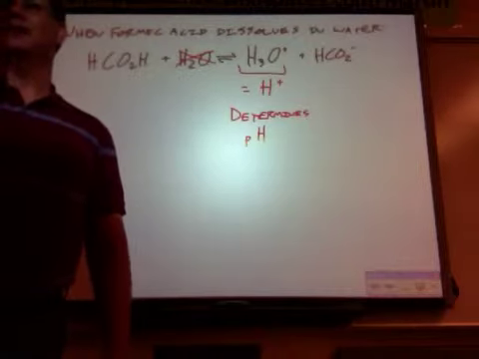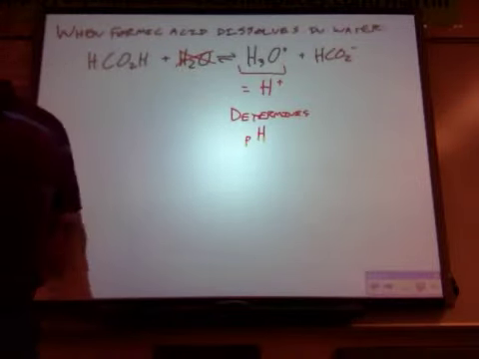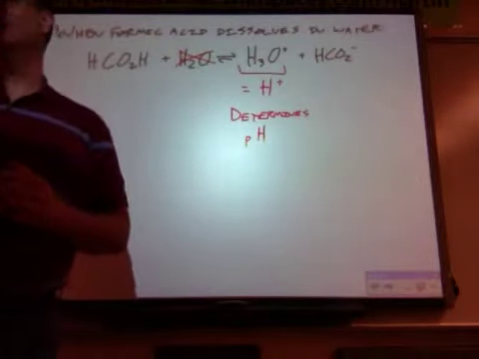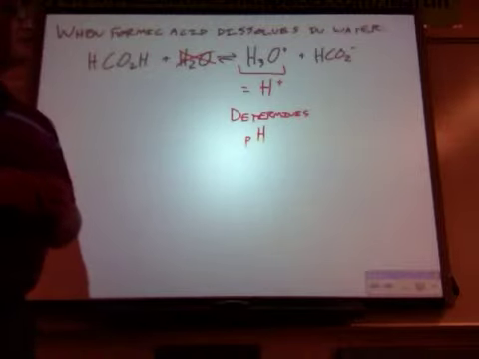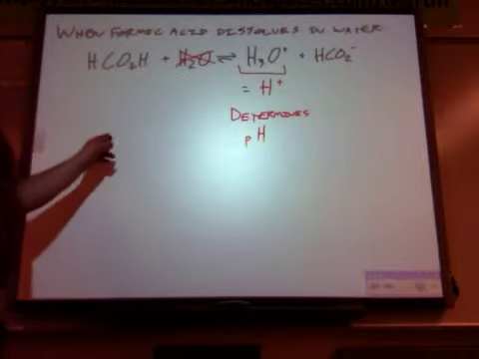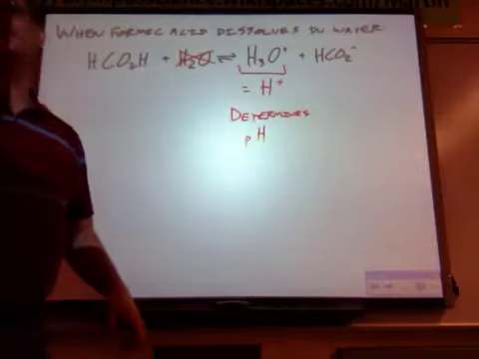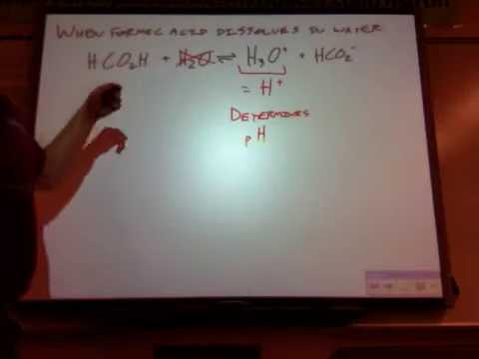Products on top, reactants on bottom, which we'll never have to worry about, because water's going to be a liquid. So ultimately, our Ka expression is going to boil down to Ka equals this concentration times that concentration, maybe with exponents, over this concentration.